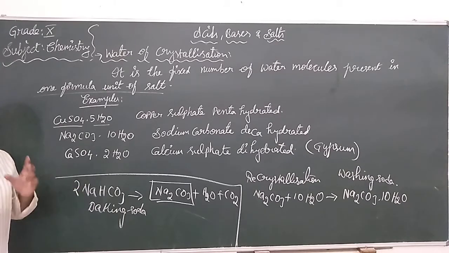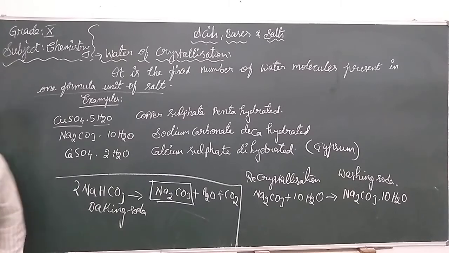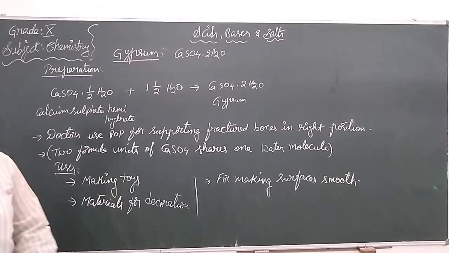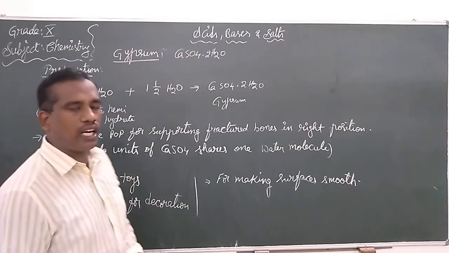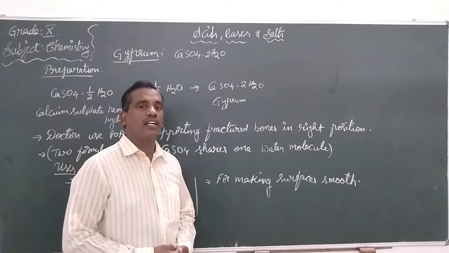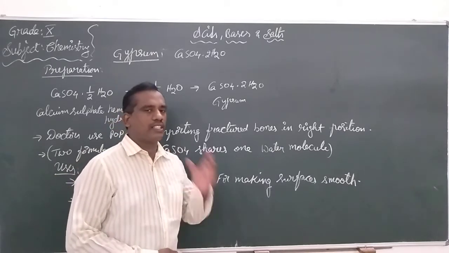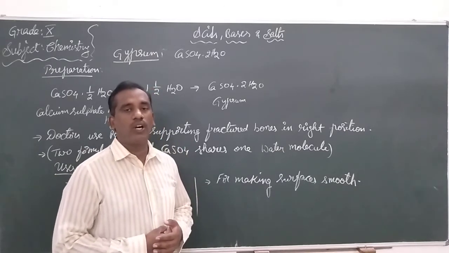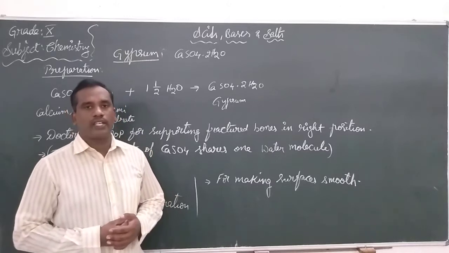Let us see the importance of gypsum now and how to prepare gypsum. What are the various uses of gypsum? We shall continue now. We are in the last salt of this chapter. The last salt is called gypsum.